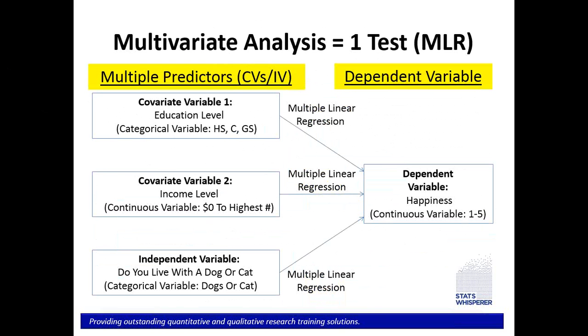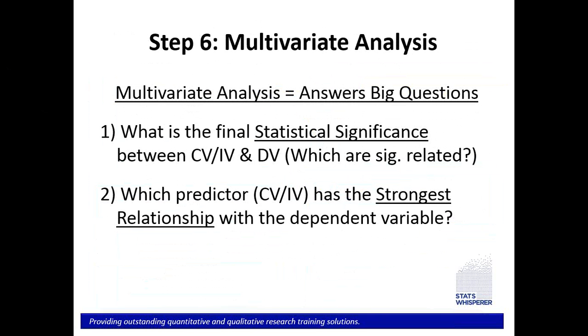However, in step 6, multivariate analysis, we are going to do 1 test, the multiple linear regression specifically. So we are going to regress all 3 predictors in 1 test at the same time upon the dependent variable happiness.